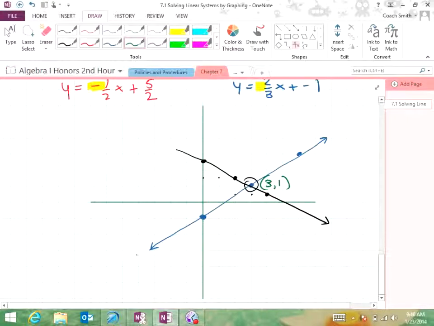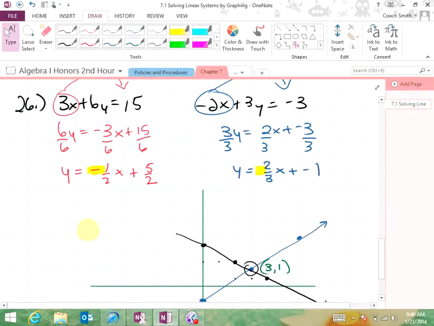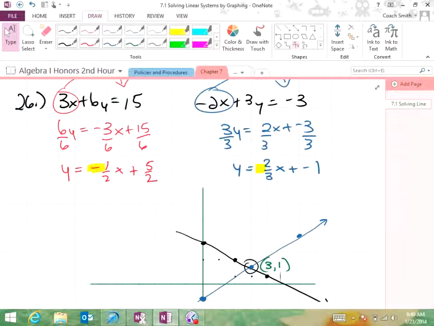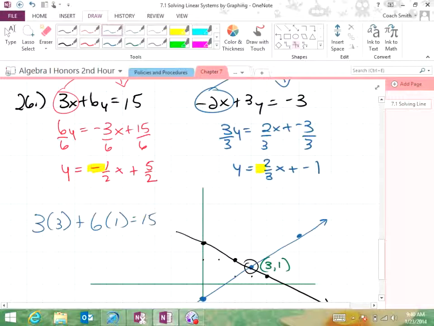Okay, now I got to plug those into the original equation. So I go up here to the original equation, and that gives me 3 times 3 plus 6 times 1 equals 15. Well, that's 9 plus 6 is equal to 15. 15 is equal to 15.